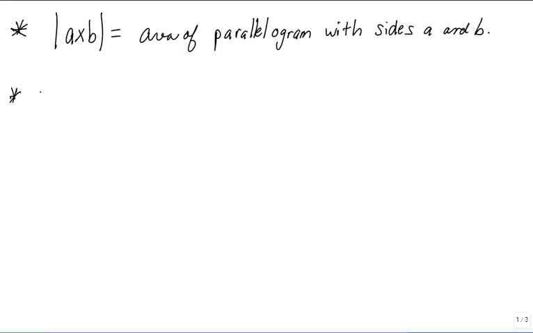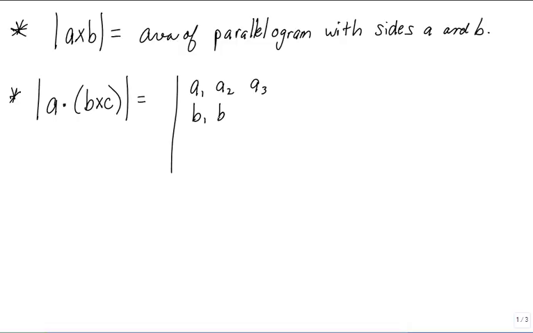Another one is that if you do A dot B cross C, we can show that that is just the determinant of A, B, and C put in a matrix. That's not hard to show. The book shows that.